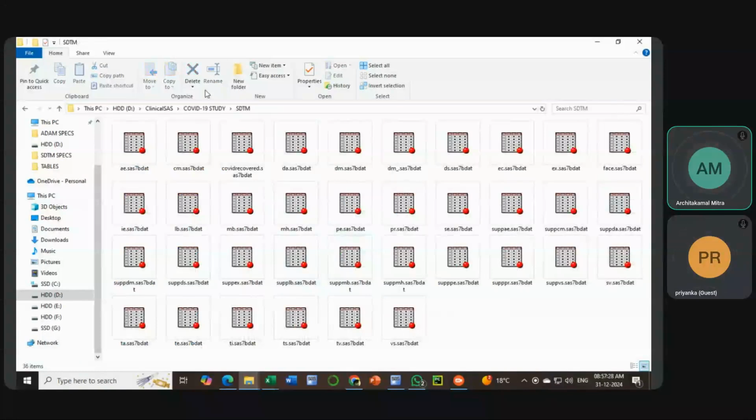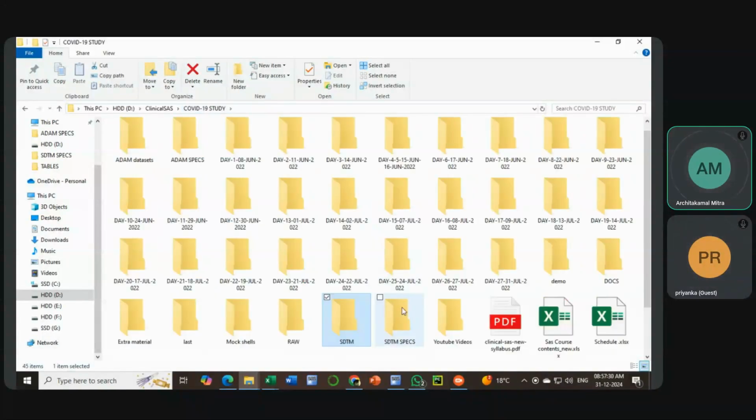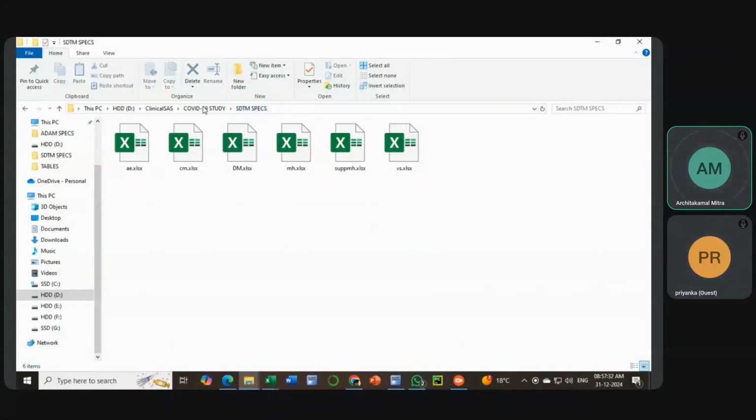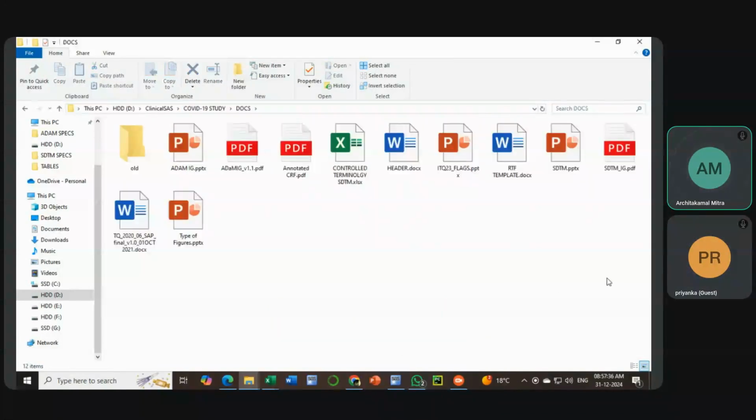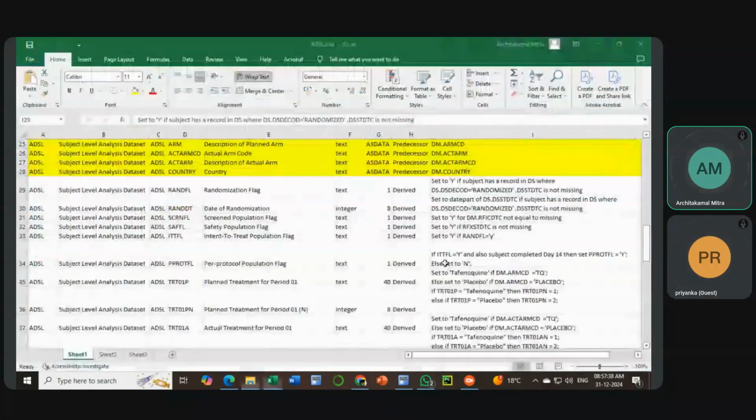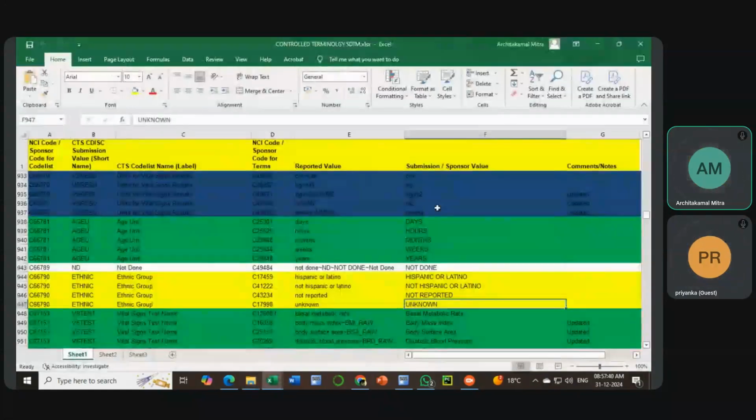SDTM. Let's see if we have DSDECOD here. One second. Control terminology. Do we have DSDECOD in control terminology? Should be.